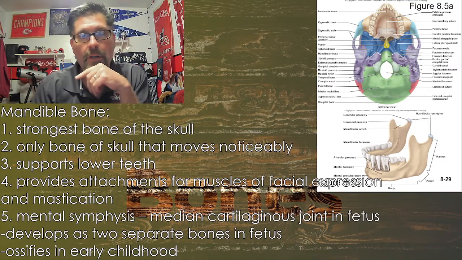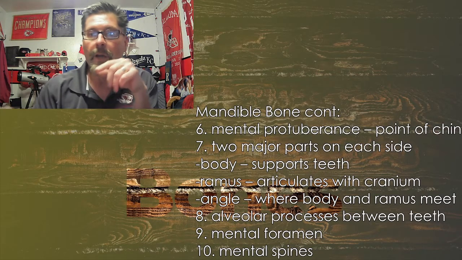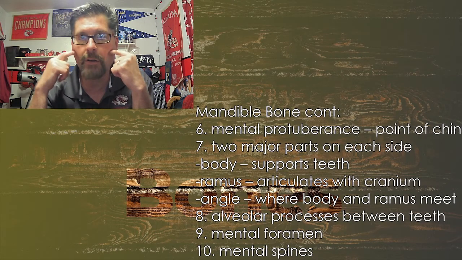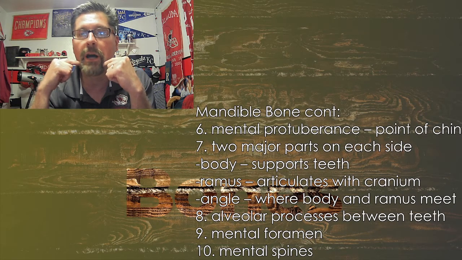And we'll look at the names of the parts there, but it's in that picture right there. But as we talk about it, the three parts: the part that goes up and down, that's the ramus, and then it angles a little bit, transitioning into a section parallel to the ground.